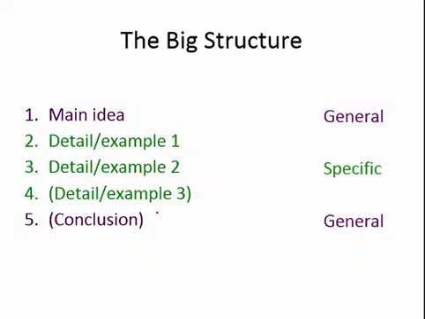Okay? So as a way of thinking about this, what you're really doing is you're going back and forth from general to specific to general to specific. This is the way you pattern your responses on the IELTS exam for these longer prepared responses that you have.